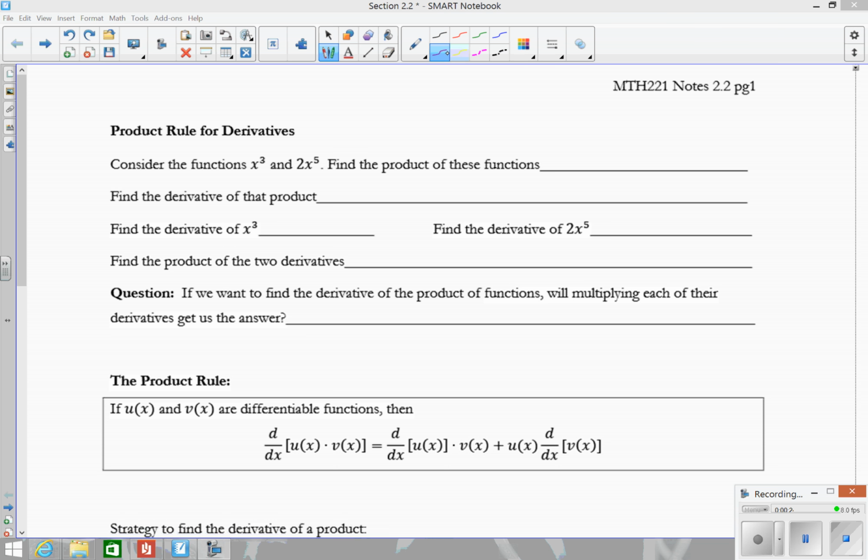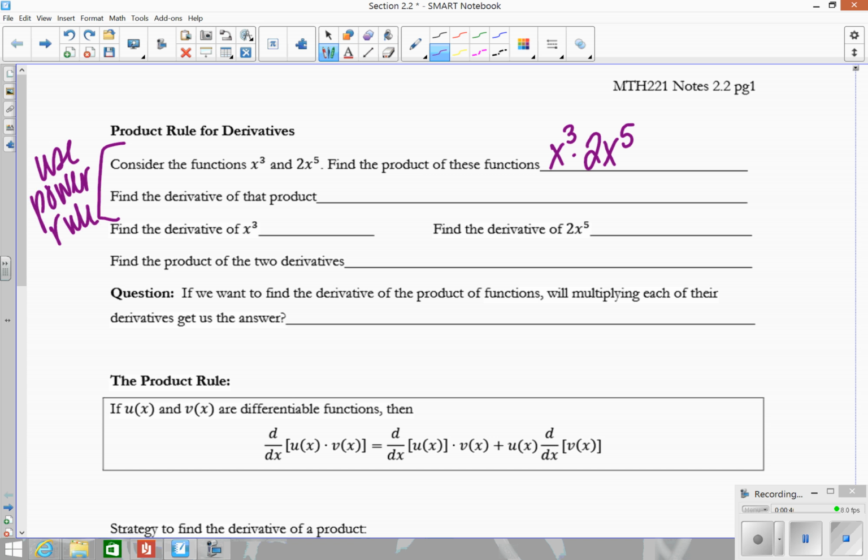First of all, if you look at these two functions, x to the third and 2x to the fifth, we want to take the product of these, and we're going to see how we take the derivative of the product. One way is to use the power rule, and that's what I'm doing here. I'm going to start off by finding the product.